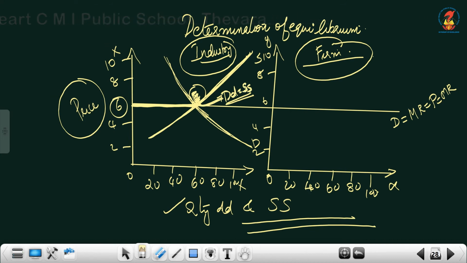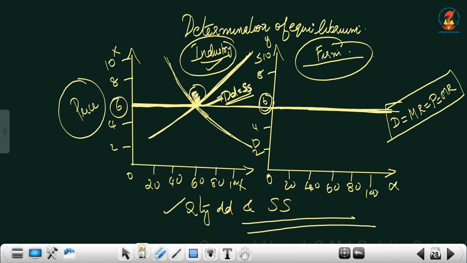So this price which is fixed by the industry is accepted by the firm, and the firm is a price taker here. So here what you have to learn is this particular price 6 is the price which is accepted by the firm.